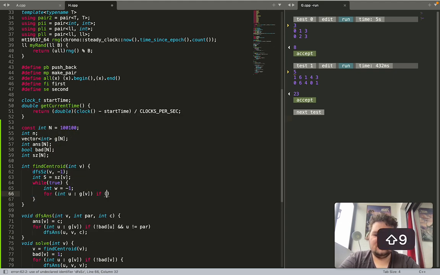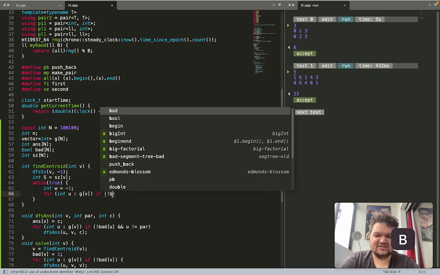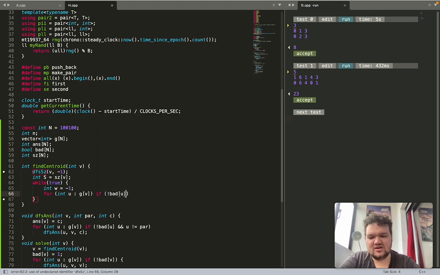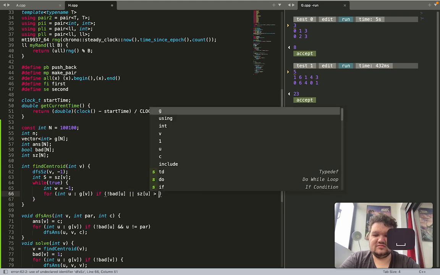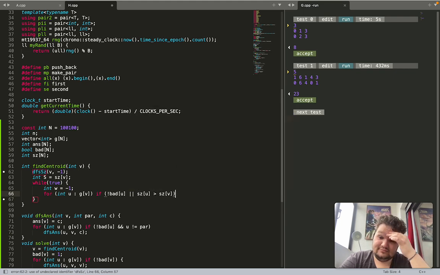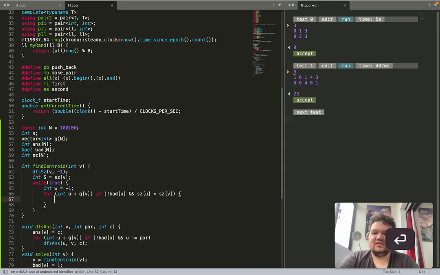In which cases is this vertex bad? Well, if it is bad, it means that it doesn't exist, or it is my parent, but that means that its size is strictly greater than my size. That's when it's bad. It's good if it is big enough, and I should go there.